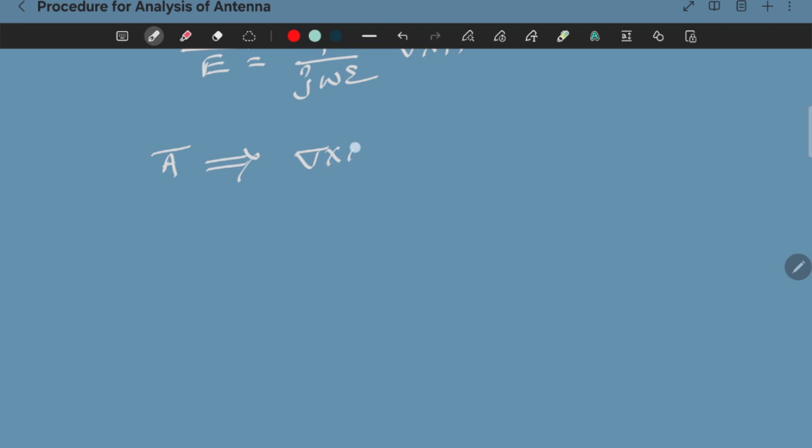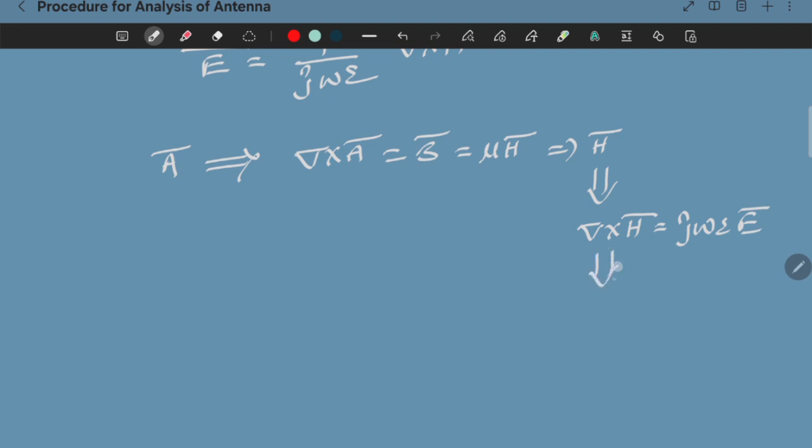Then apply del cross A bar, that is actually B bar, and that is equal to mu into H bar. That means you got now H bar. After getting H bar, perform the curl operation on the H bar, that is equal to j omega epsilon into E bar in the free space. So once you divide this with j omega epsilon, that is nothing but E bar. So this is enough. Okay.